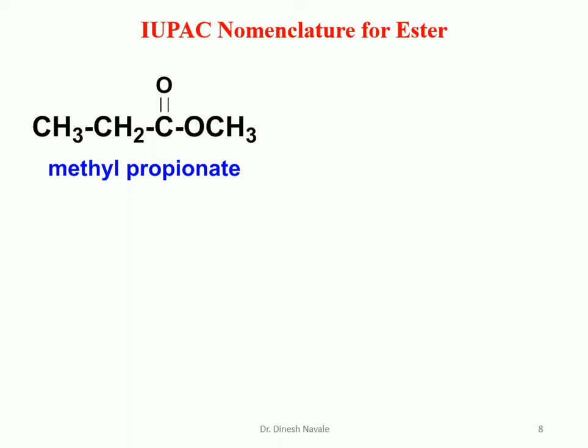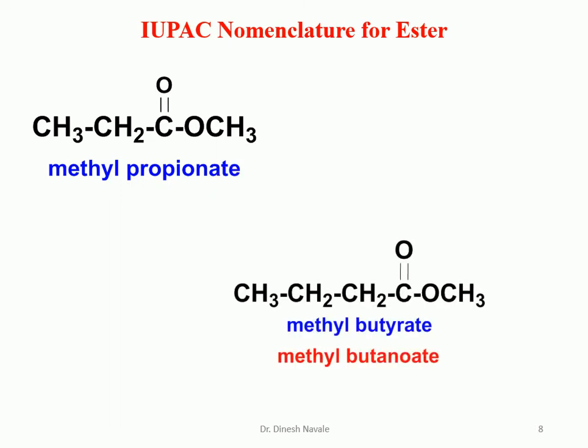So this molecule I am again repeating. The methyl group which is attached to the alkoxy oxygen will be written as it is. So the alkyl group will be written as alkyl, and the alkanoate part belongs to the carboxylic acid. So a 3 carbon atom acid is there, so it is a propionate, and the nomenclature will become methyl propionate. So the next structure is there.